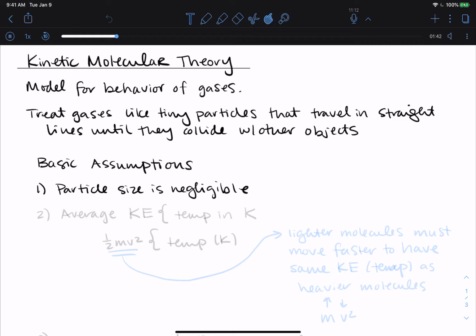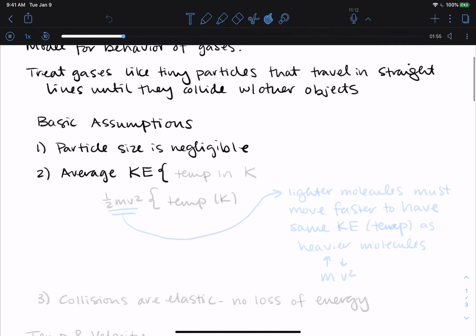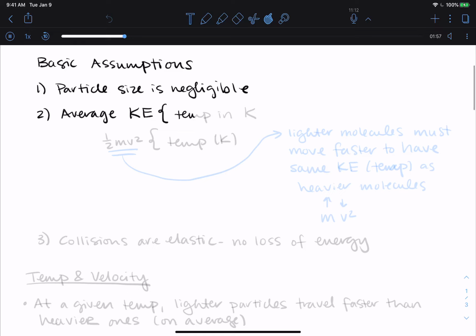The second is that the average kinetic energy of the particles in the sample is directly proportional to the temperature in Kelvin. So I want to expand on this a little bit because we know how to calculate kinetic energy, right?